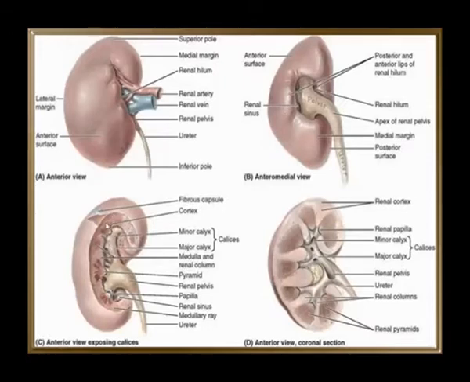This is cortex, and these are the minor calyces. These are the minor and major calyces here, and you can see here the renal pyramid. This is the pyramid, which converges at the apex. This is called the papilla. Papillae enter into the minor calyx. This is how they are arranged.